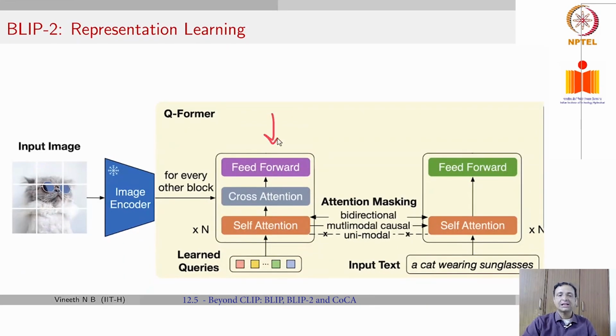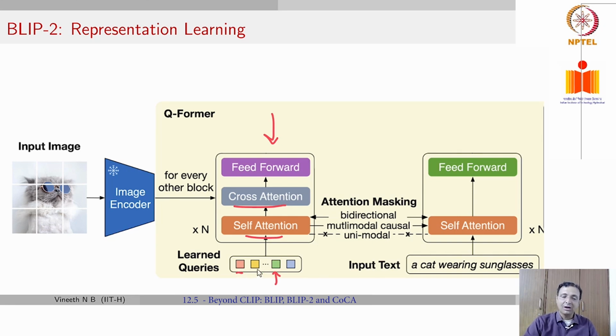So the first transformer here has a self-attention module, a cross-attention module and a feed-forward layer. It also receives a set of learnable query tokens. What do we mean by learnable query tokens? They experiment with up to 32 tokens in their empirical studies.